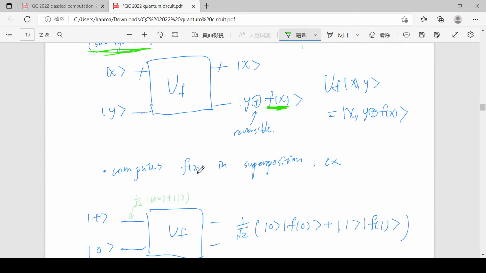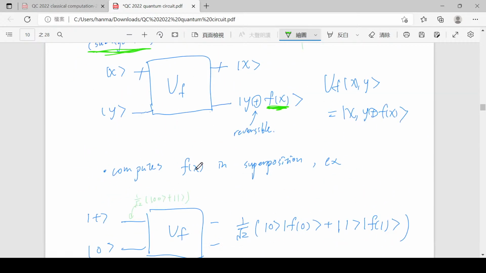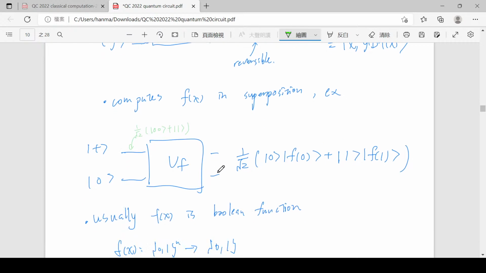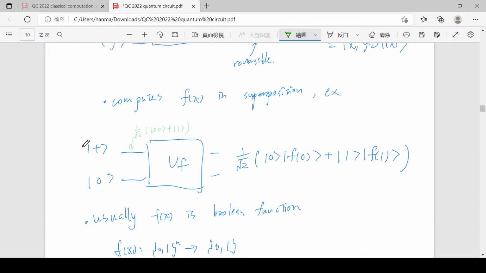Okay. And then what's quantum about this? What's interesting is you can compute this f of x in superposition. Let's say now this input x you don't put a computational basis state.